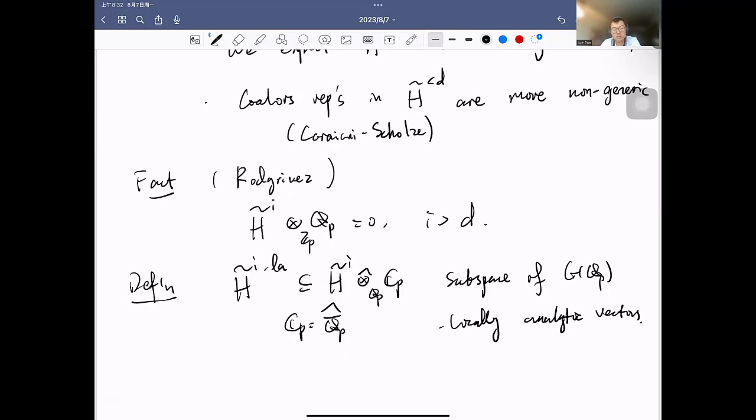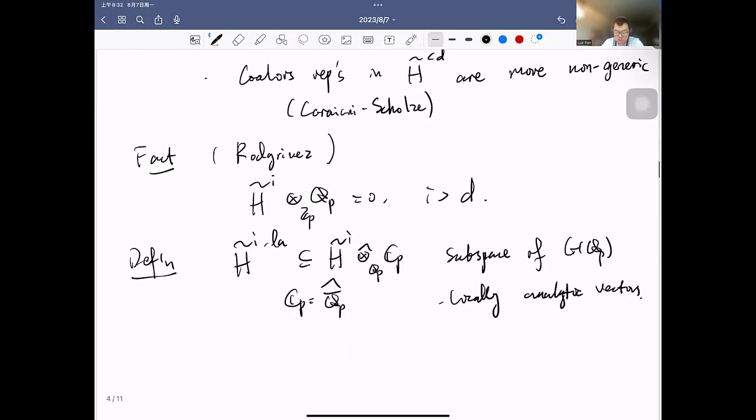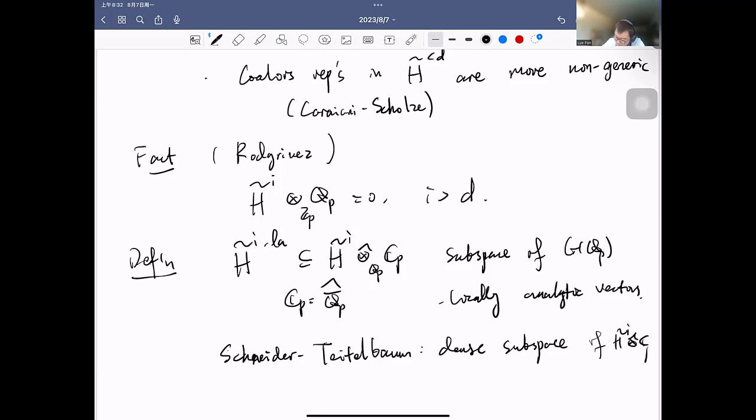At first you might wonder how large this subspace is. It's a very nice result of Schneider and Teitelbaum that tells you that actually this is a dense subspace. So actually you don't lose that much information in a certain sense.